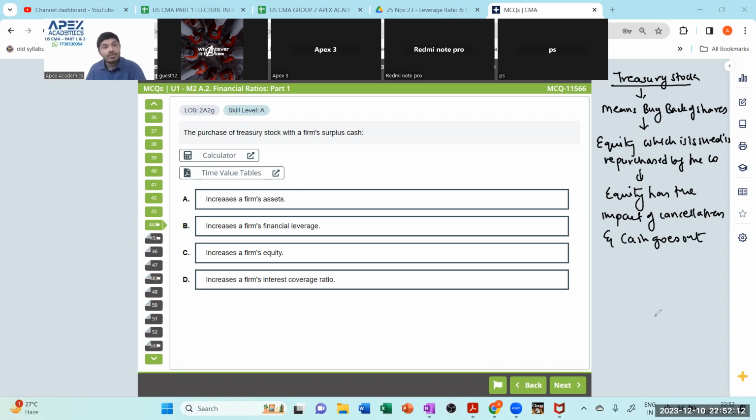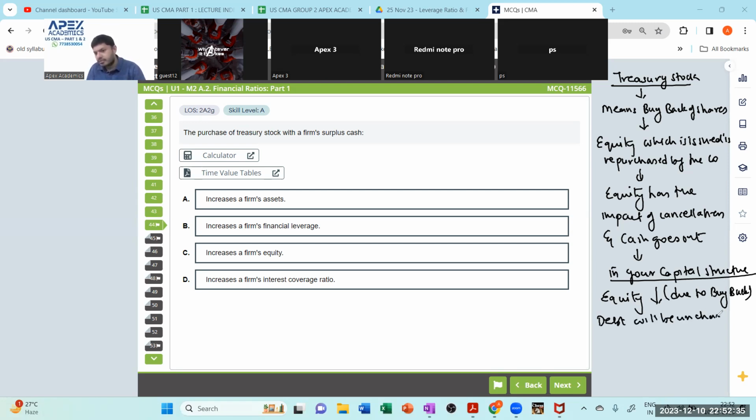Also, in your capital structure, your equity will fall due to buyback and your debt will be unchanged.